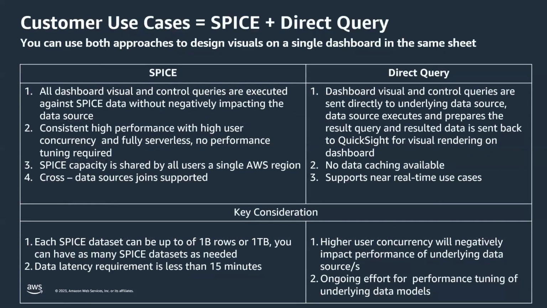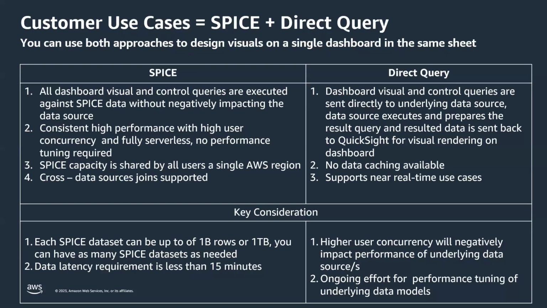Oftentimes we get asked questions, hey, can I use Spice or can I use direct query? And when you have two options, we tend to make it a versus question, right? Spice versus direct query. What I think is the best option is you want to focus on your use case and the needs of your use case.